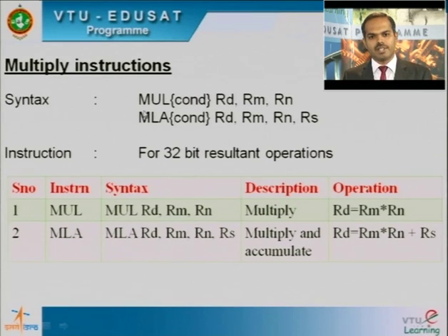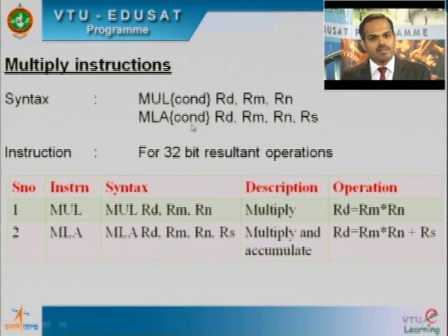That is why I have the instruction MUL followed by condition, followed by RD, RM, RN. There is another instruction, MLA. MUL is for multiply, and MLA is for multiply and accumulate: MLA, condition, RD, RM, RN, RS. We will see this with the table.